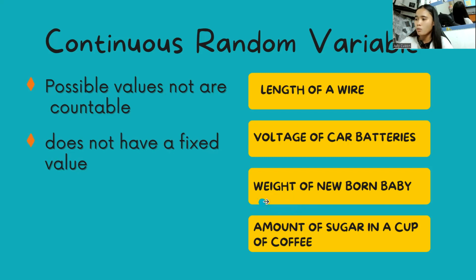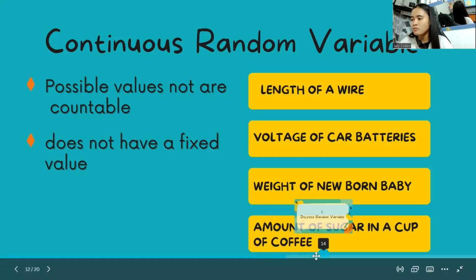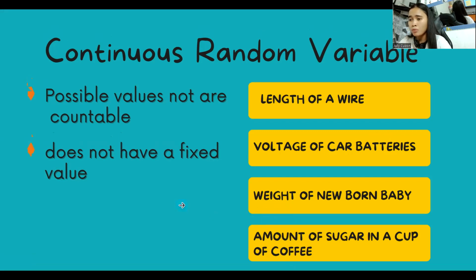We do not know the exact number. Next is the amount of sugar in a cup. We do not know whether the person likes it sweet or not. So this is not a fixed example. This is infinite. All of these are infinite.